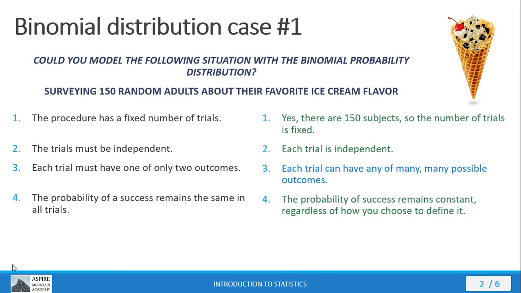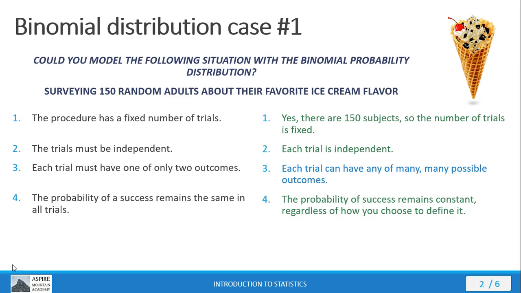So, say success is having chocolate as your favorite ice cream flavor. Well, there's a certain probability associated with that, and it's going to be the same. The probability of someone answering chocolate for their favorite flavor is going to be the same, no matter how many people you ask. So it's going to be constant throughout each of the trials.